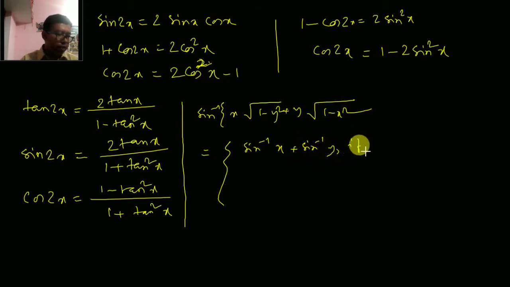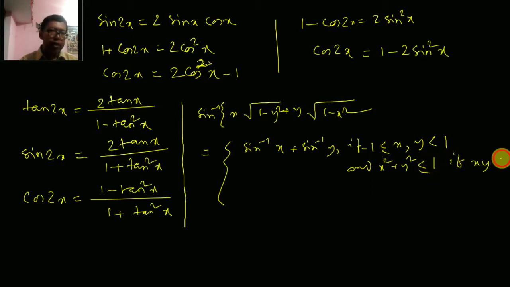You should know this one: minus 1 less than or equal to x comma y less than or equal to 1. This is very important. And not only that, x square plus y square is less than or equal to 1 if xy is less than 0, and x square plus y square is greater than 1.